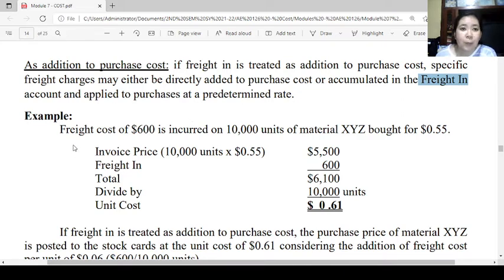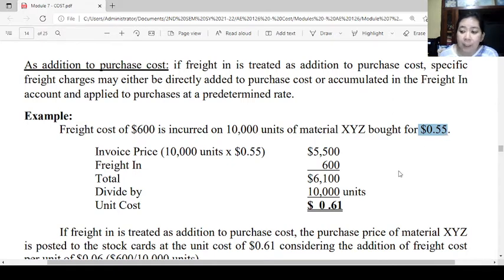So to understand better, if in this case the freight in is added to the purchase cost of the materials, the unit cost will be computed as follows. Okay, for example, freight cost of 600 is incurred for our 10,000 units. So the unit cost of this material is 0.55.